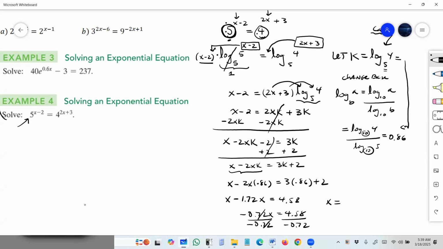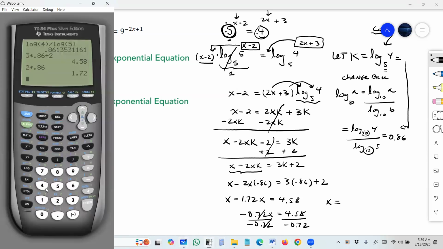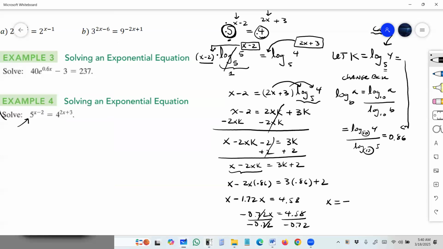We have x equals 4.58 divided by 0.72, which is 6.36, approximately, with the minus, right? So positive divided by a minus is negative. So x is approximately negative 6.36, and that is my final answer.